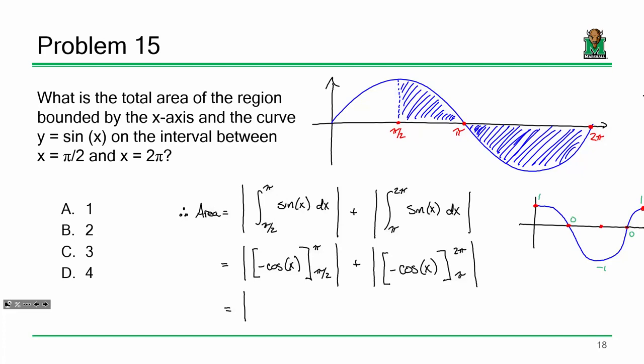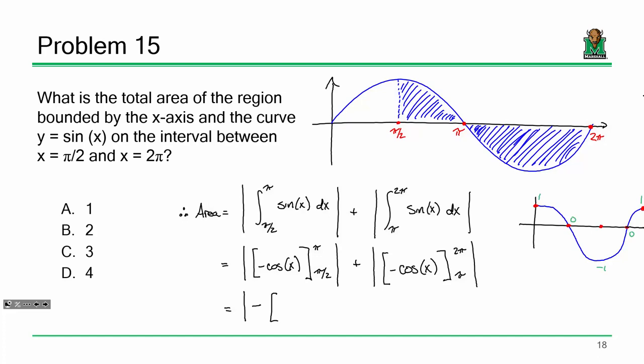I've got the absolute value of, minus that pi, so minus 1. Here, this is what I'm going to do. Keep it simple. Let's take the negative completely out of those brackets.